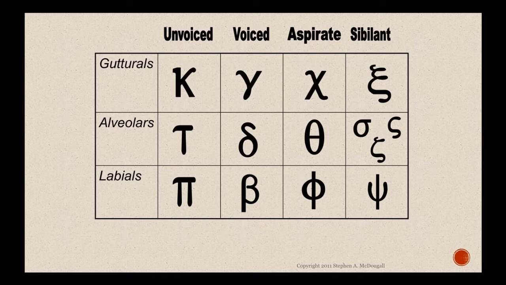And I put zeta up here because when it's in the middle of a word, it is basically like a sibilant, a DZ sound. If we put it on the front of a word, it's Z. So we have zoe, life, which is the principle of life, not the life that you live, the actions.